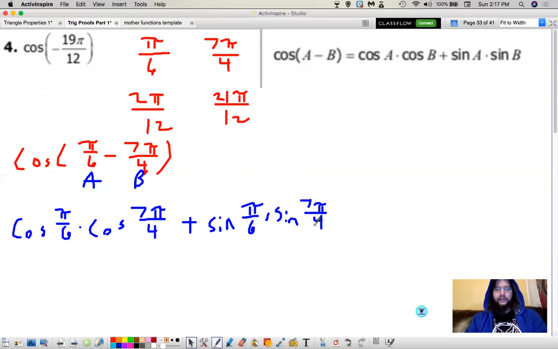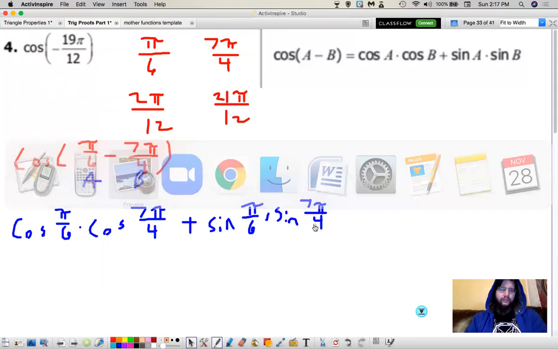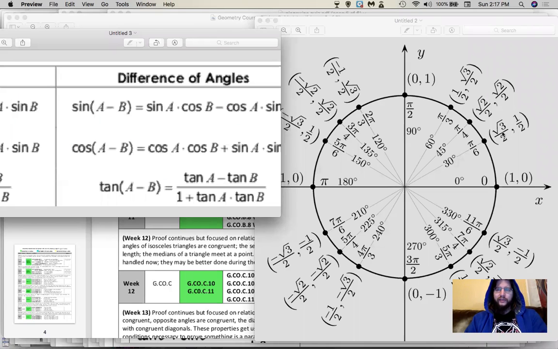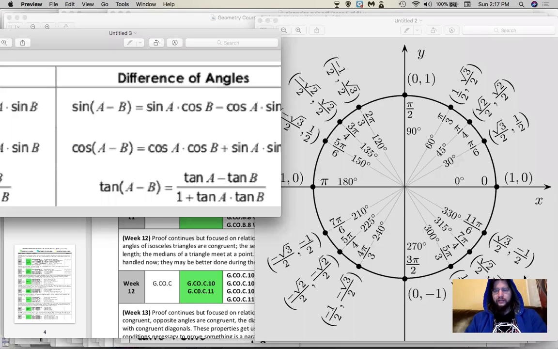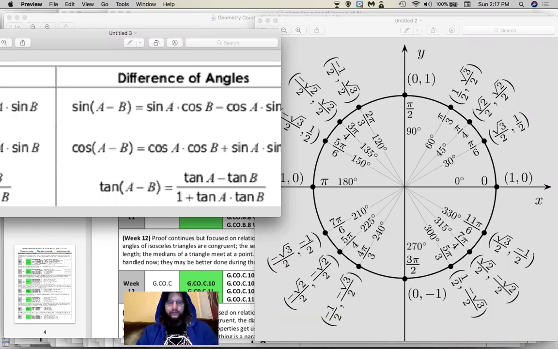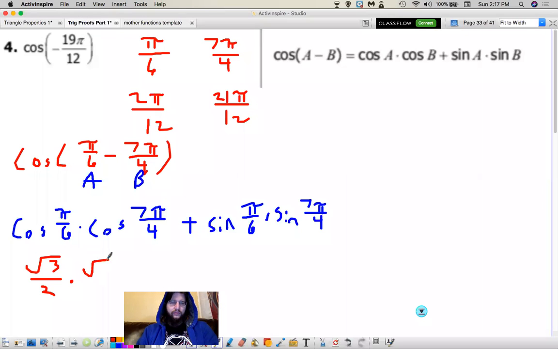I just need to look up those values on the unit circle. Cosine again is the first value, so pi over 6, that's square root of 3 over 2, times cosine of 7 pi over 4, that's down here, square root of 2 over 2. Plus sine of pi over 6 is a half.